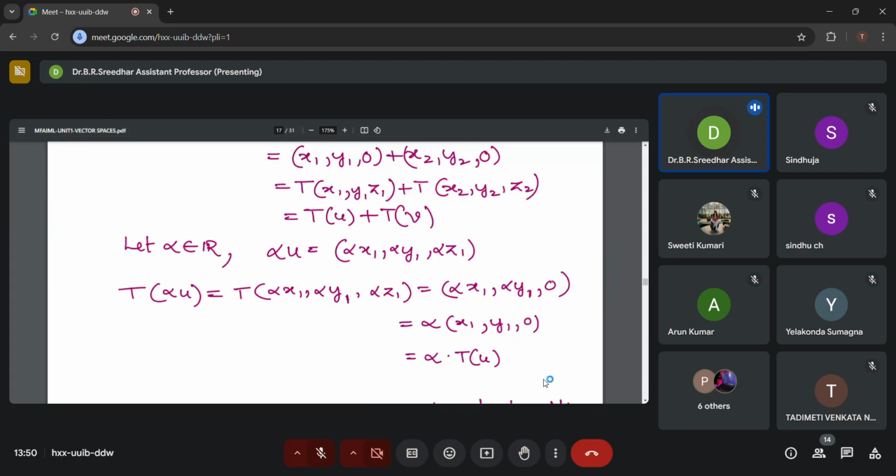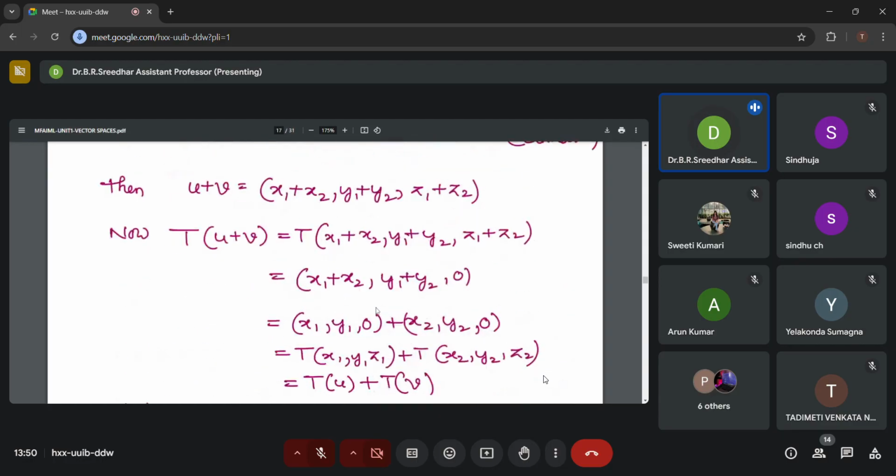So I took T of alpha u. You know that alpha is some scalar and u is a vector. Now I need the translation, that means I need to project it. So take T on both sides, simply speaking in mathematical language: T of (alpha x1, alpha y1, alpha z1).